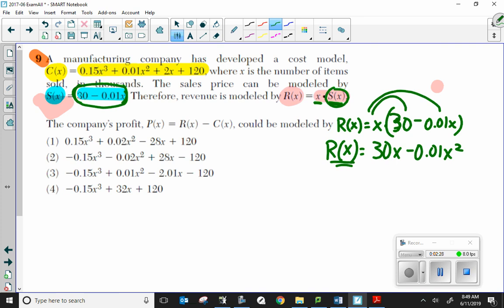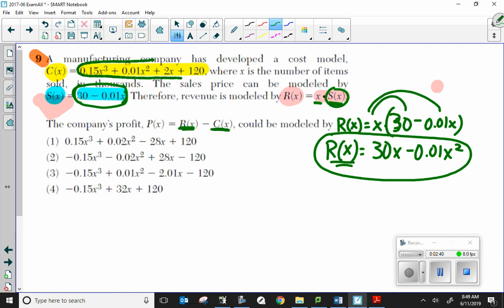Find the company's profit, P of X. How do I do that? I take R of X and I subtract C of X. Really all you're doing is subtracting two polynomials. There was a lot going on here just to make that happen.